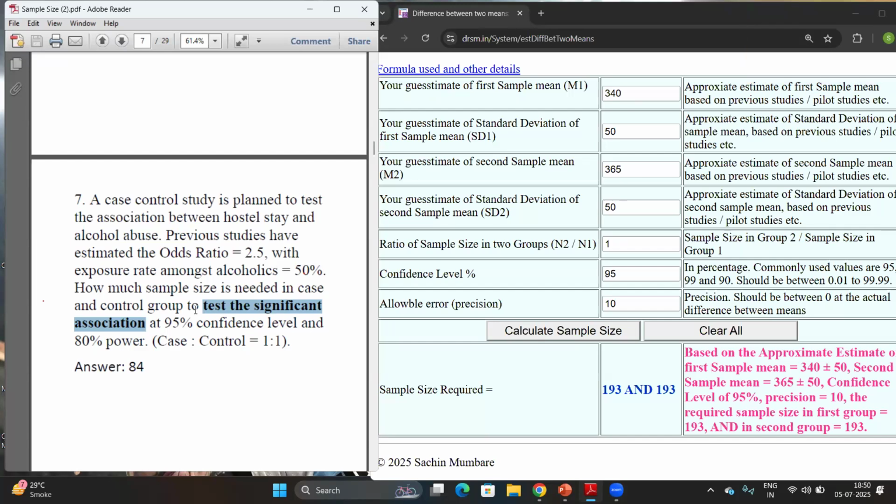So it is one and the same. If we are testing the significant association between hostel stay and alcohol abuse, in some of the examples it may be given that whether the odds ratio is significantly different than 1. One and the same. You are testing the significant association in both the scenarios. Got it?